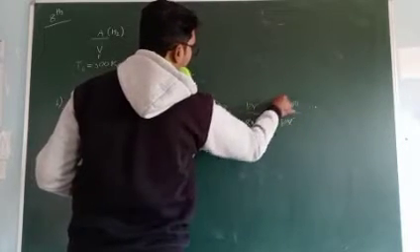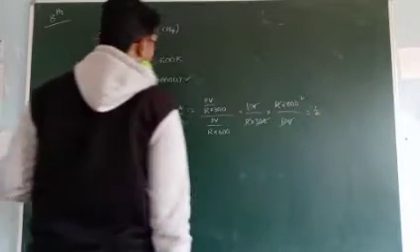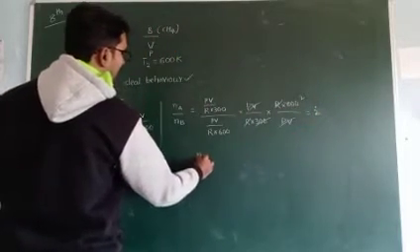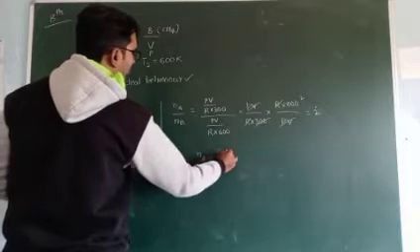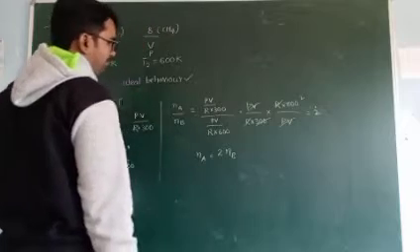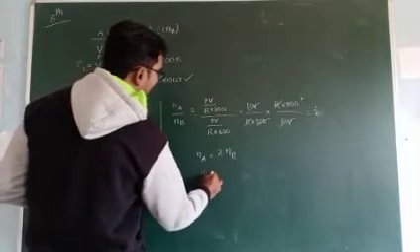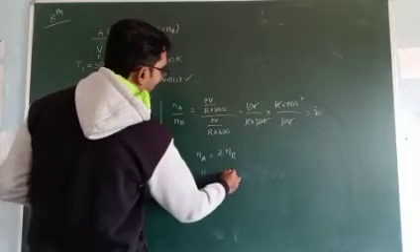PV cancelled, R cancelled, 300 ones are 300, twos are 2. This is equal to 2. It means Na is equal to 2NB. It looks like 10 is equal to 2 into 5.